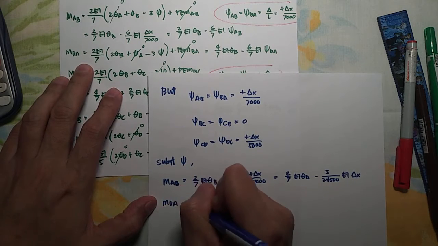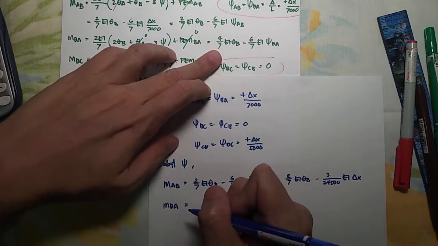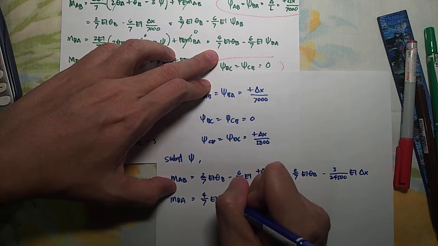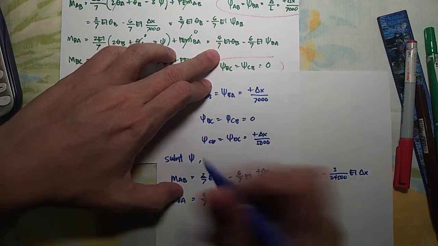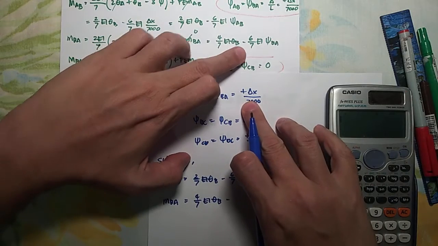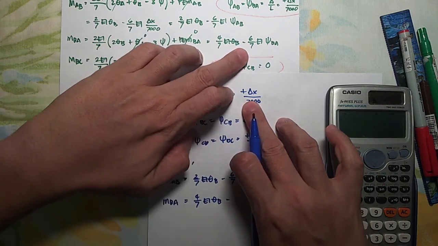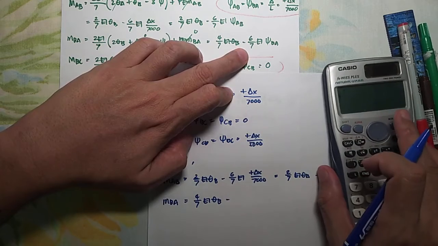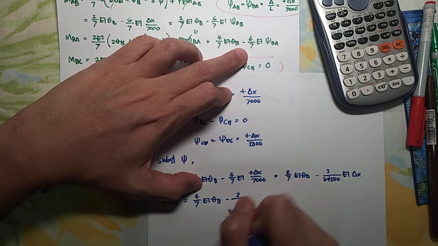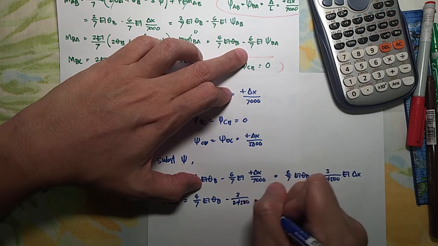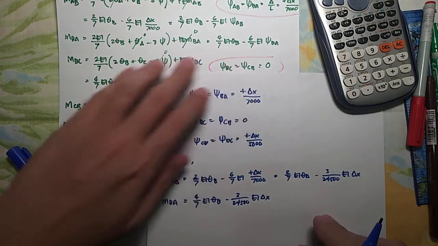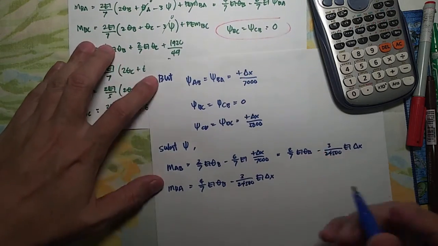Okay, how about for BA? Moment on BA. So it would be 4 over 7 EI theta B, then minus, what is psi BA? Psi BA is this one. So that would be the same, no? So minus 3 over 24,500 EI delta X. Next, how about for BC, MBC?